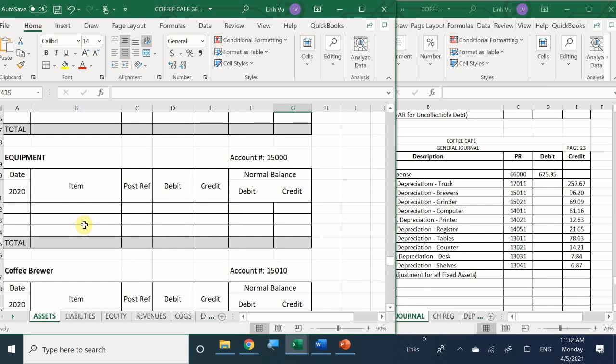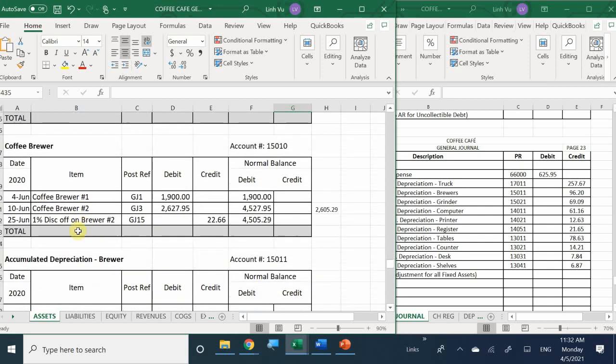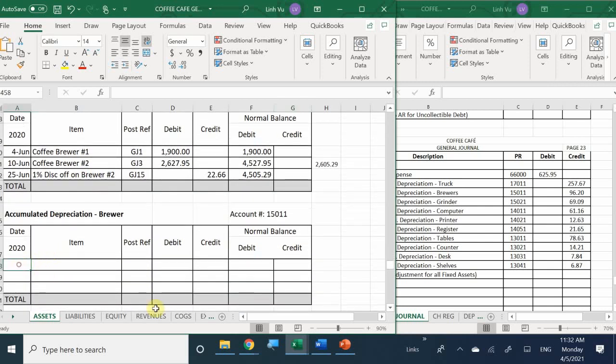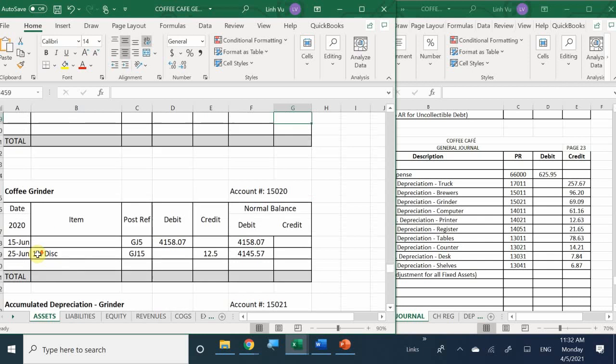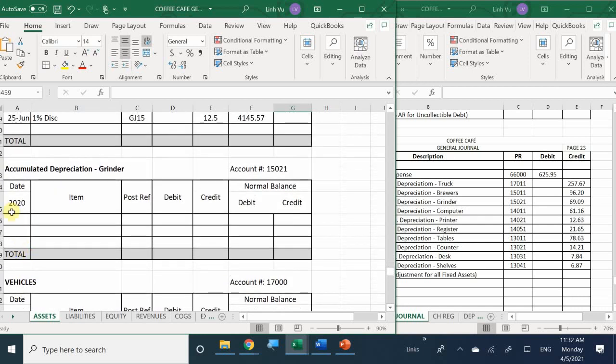And then what about my coffee brewers? 96.20. My coffee grinder, 69.09.